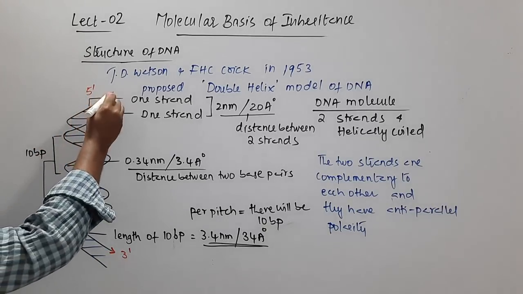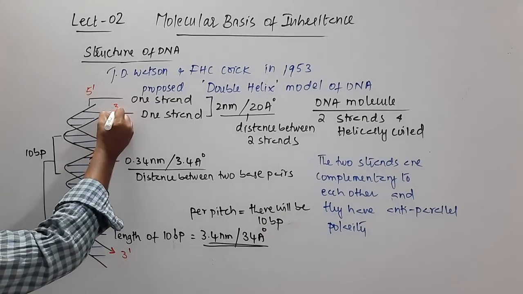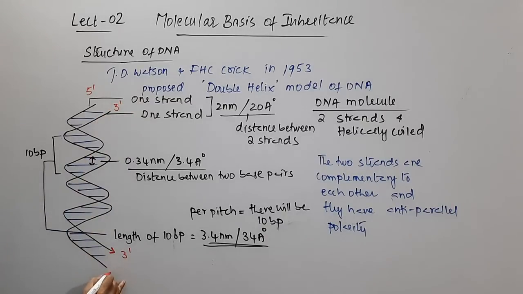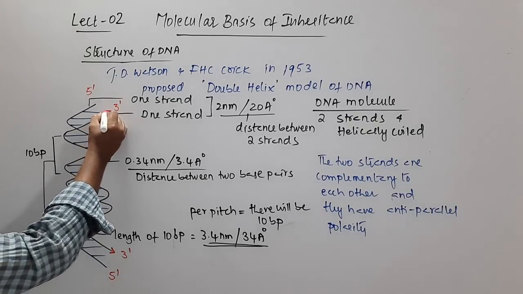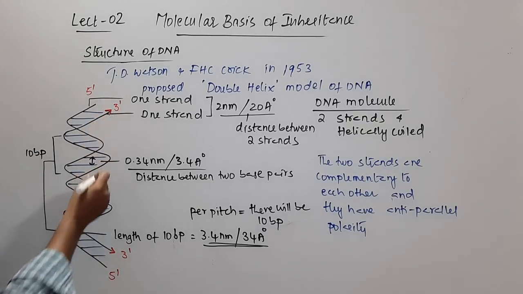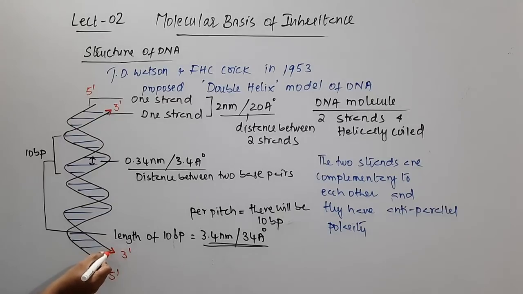And the opposite one will have 3 dash, and this one will have 5 dash, and I'm putting this arrow mark. So you can see one strand of the DNA is anti-parallel to the other strand. So that is what I have mentioned. So they have anti-parallel polarity.